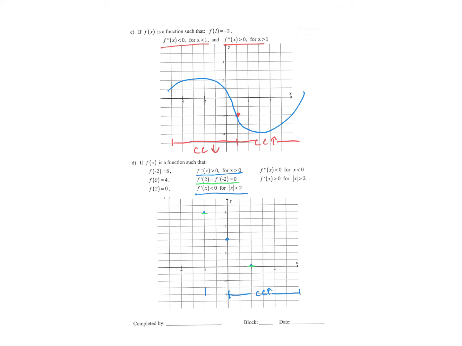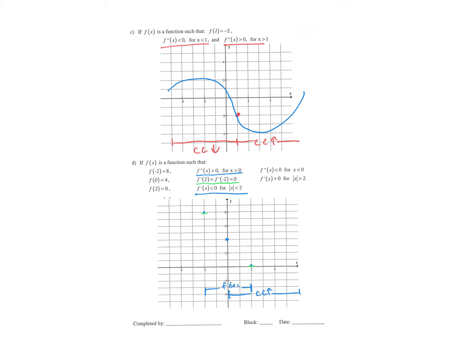Oh, when did I do that? I did that backwards. F is decreasing from negative 2 to 2. All right. So there is where I'm decreasing.